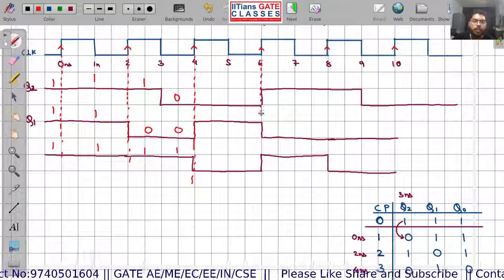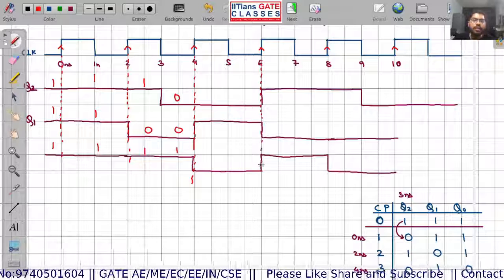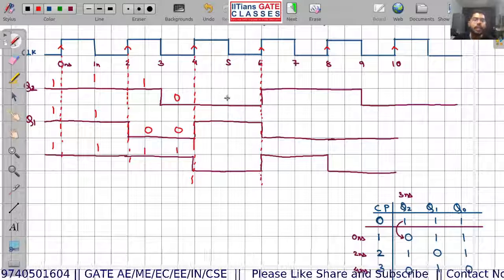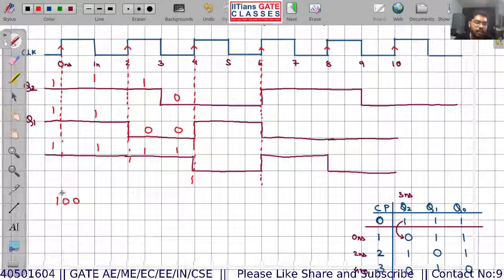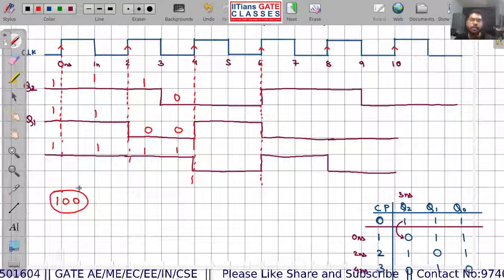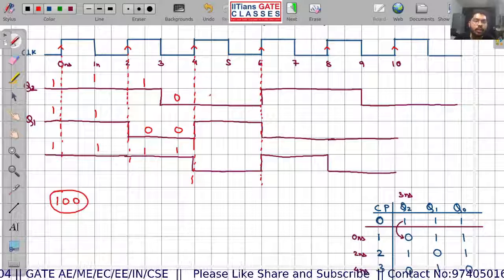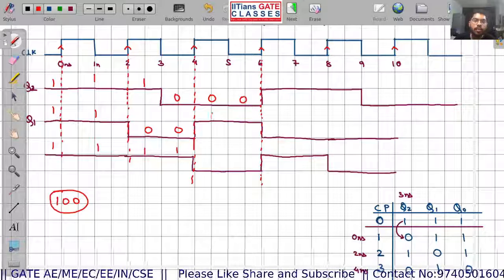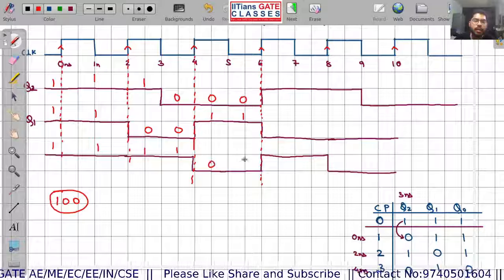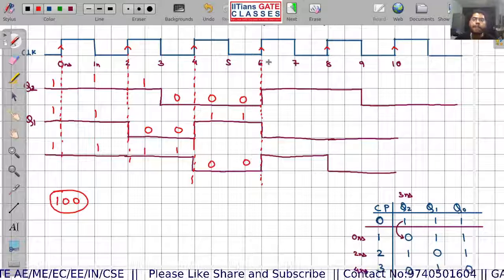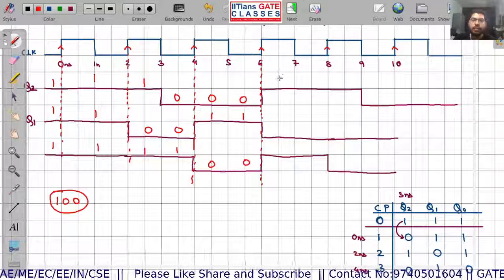In between the 4th and 6th nanosecond, what is the value I am getting? Remember, we need to have this value. We are checking for this value. So whenever we encounter such a value, we are going to see. Here it is 0, 0. Here it is 1, 1. And here also it is 0, 0. Okay.